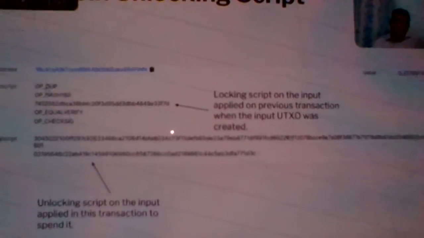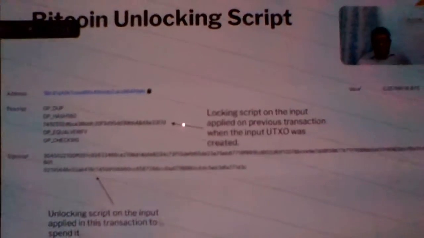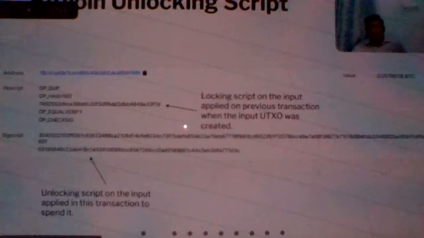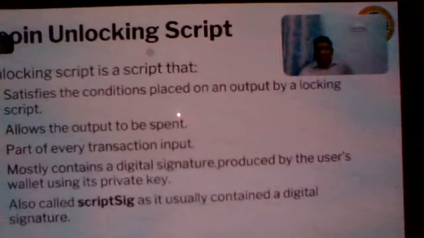So the first time the transaction is created, this locking script is placed. The unlocking script on the input is applied in this transaction to spend it. So you have to run this unlocking script. You have to supply some values, and if you are able to give the values correctly, then you will be able to unlock that transaction. The transaction will go through.